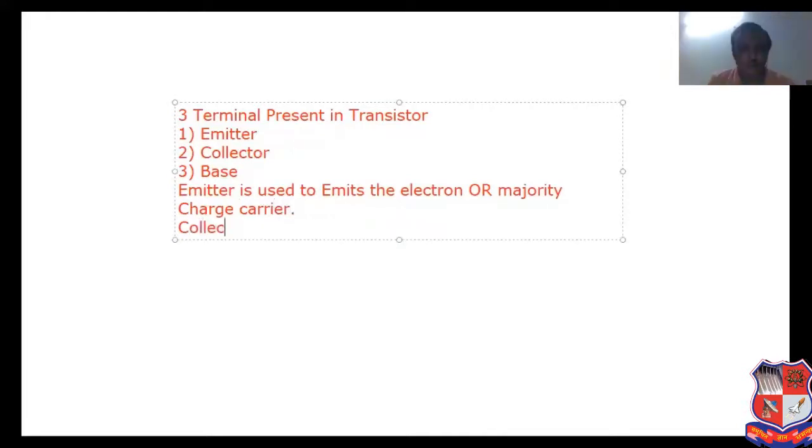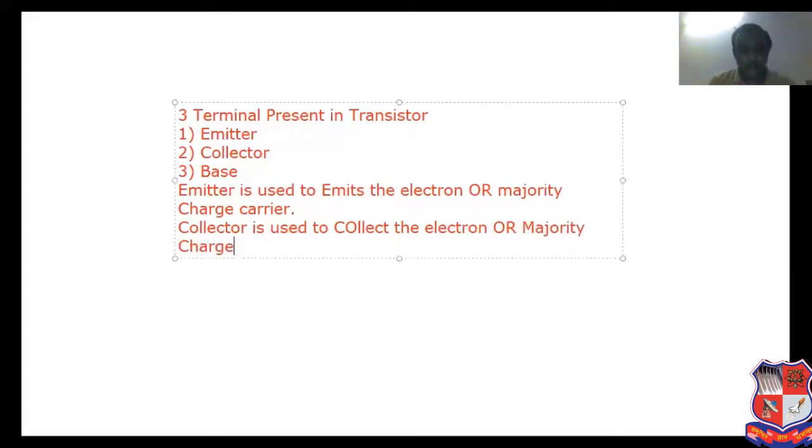Collector is used to collect the electron or majority charge carrier and minority charge carrier.